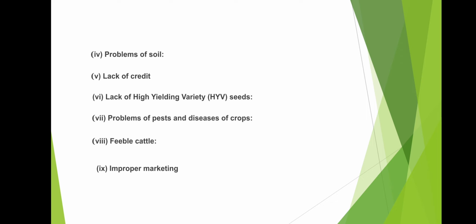The next one is the problem of pests and diseases of the crops. There are different problems related with the pests and diseases of crops, and around 5% of the crops are destroyed because of these pests and diseases. These are related with rust, smuts, and rats, insects, basically.